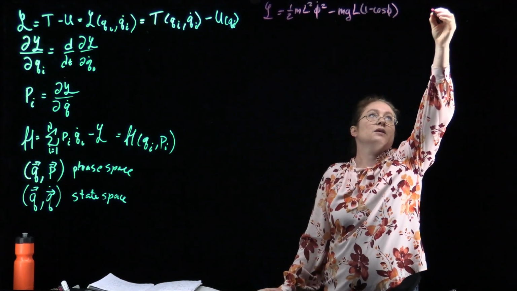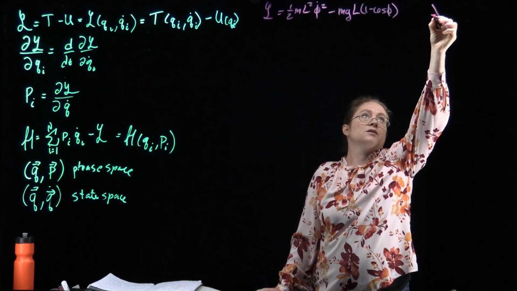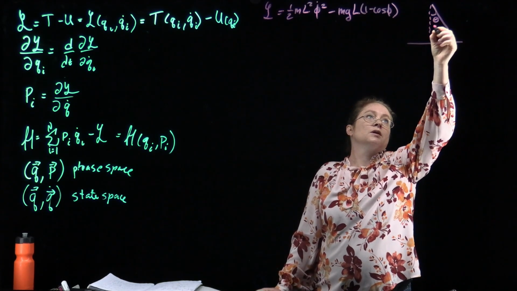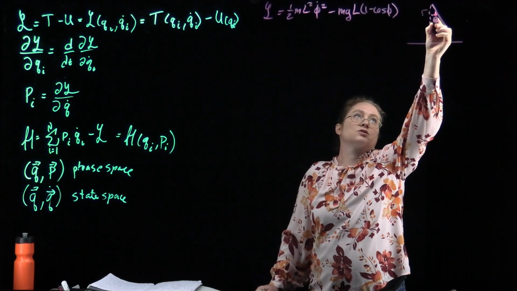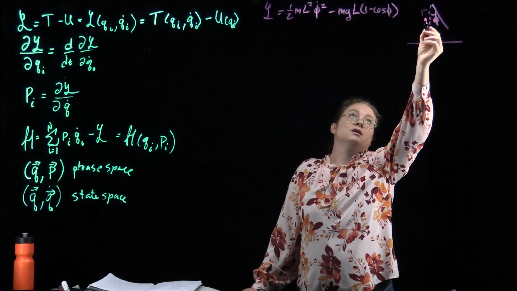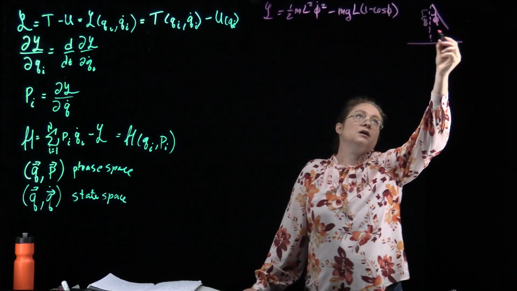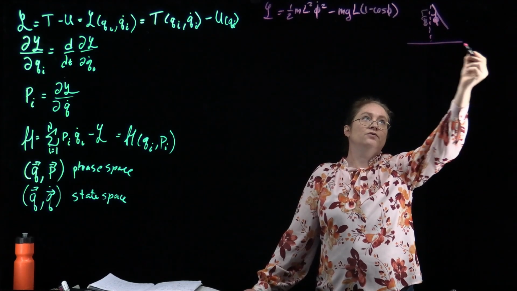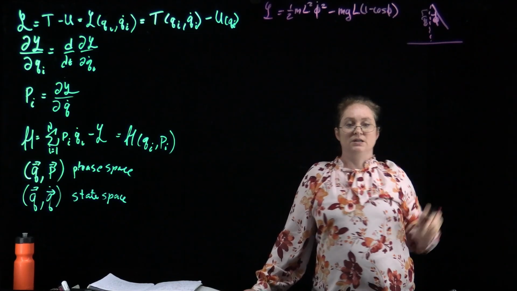And here is my pendulum. This is an angle theta from the normal. And this length is L, this is phi, not theta. This distance is L cosine theta, and this distance is L, so the height above your 0 point is L times (1 minus cosine theta).